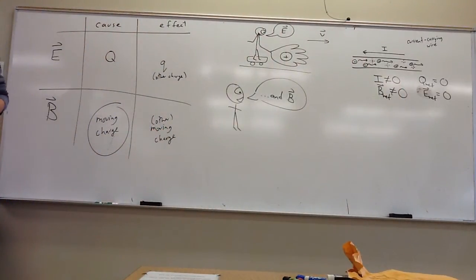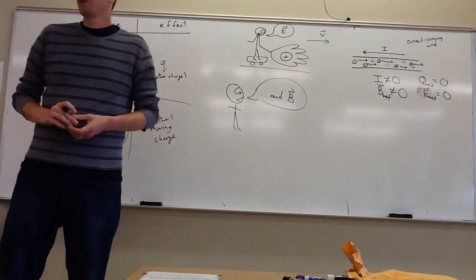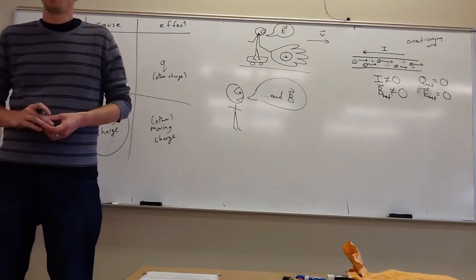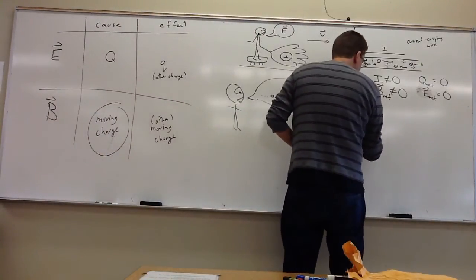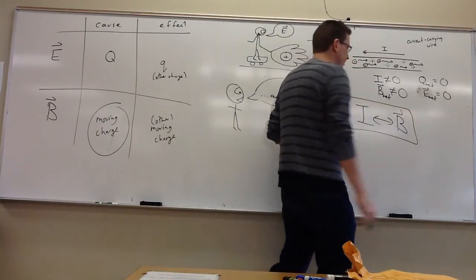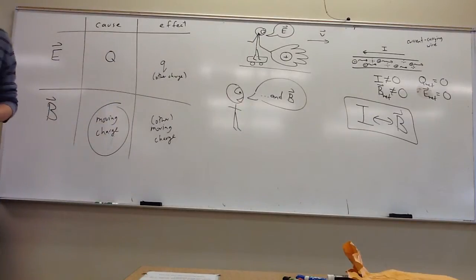So that's how we kind of have it both ways. We can examine only magnetic fields without having to worry about electric fields too, by focusing our attention on current carrying wires. So for us, there is going to be an intimate connection between current and magnetic field. Current is the type of moving charge that we look at, and it's going to create a magnetic field.